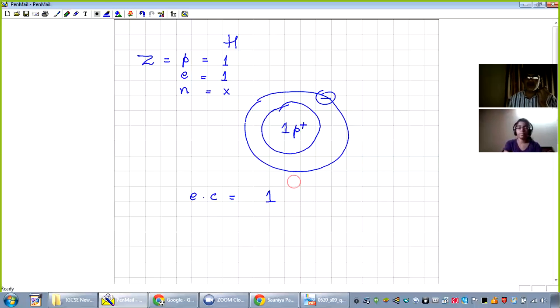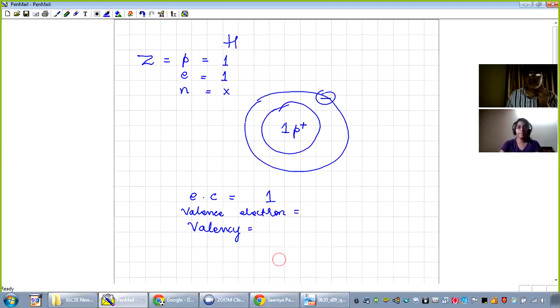I'm just going to come across another term, that is valency. And one more term I'm going to discuss over here, that is valence electron. These are two more definitions that we are going to discuss today.